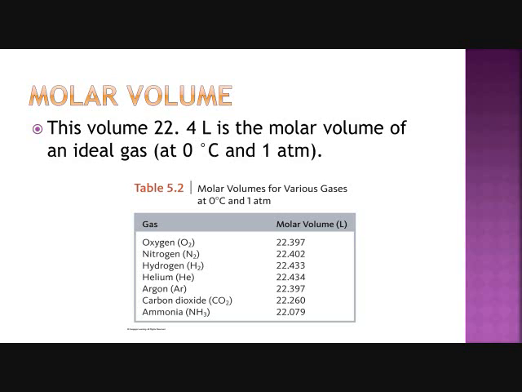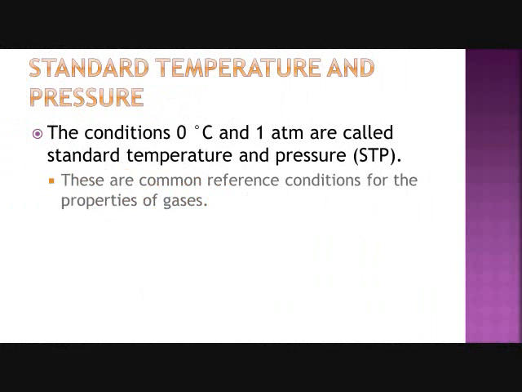What's that called? STP, standard temperature and pressure. Yep. So these are common reference conditions where instead of giving you 0 degrees Celsius and 1 atmosphere, it might just say at STP. And so you're going to have to remember that. But it's on the equation sheet for you. So you can help yourself that way.